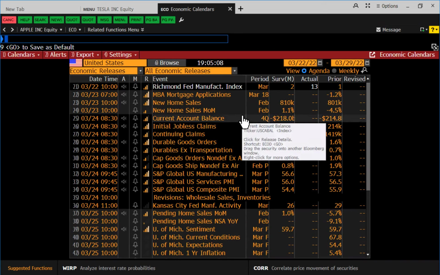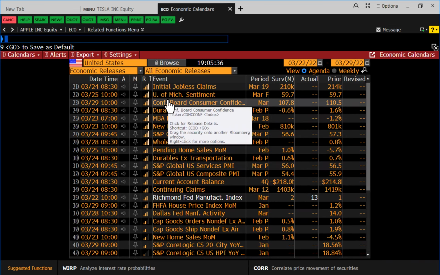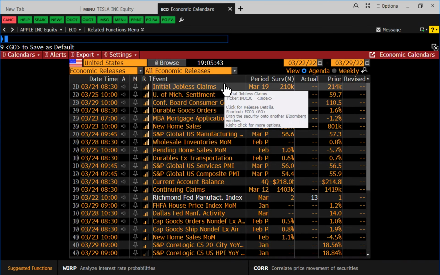Now, there are a lot of indexes, and you're going to see that every day is an important day, but not every event is important. So this R represents the relevance. Some important events are initial jobless claims, which is at weekly level. Every week you see this initial jobless claim.